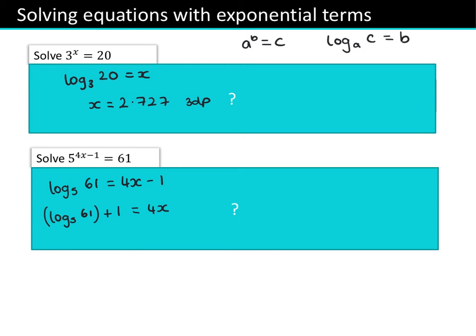So in actual fact, x equals log to the base 5 of 61 plus 1, all divided by 4. So x equals, I can type this into my calculator exactly how this looks, and it's 0.889 to 3 decimal places.